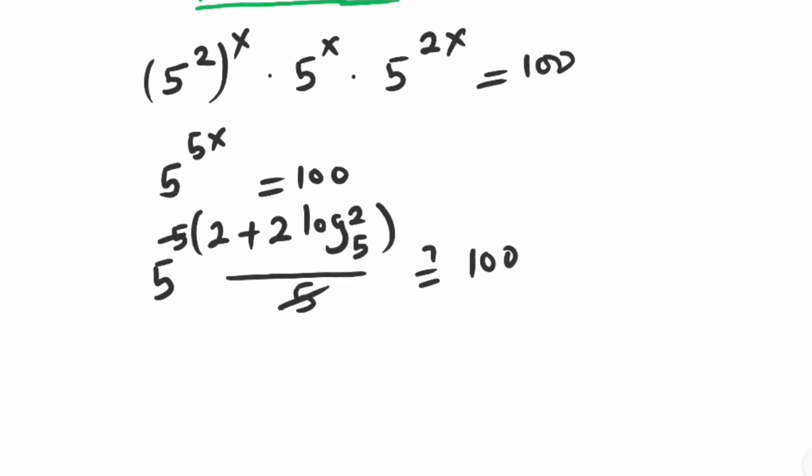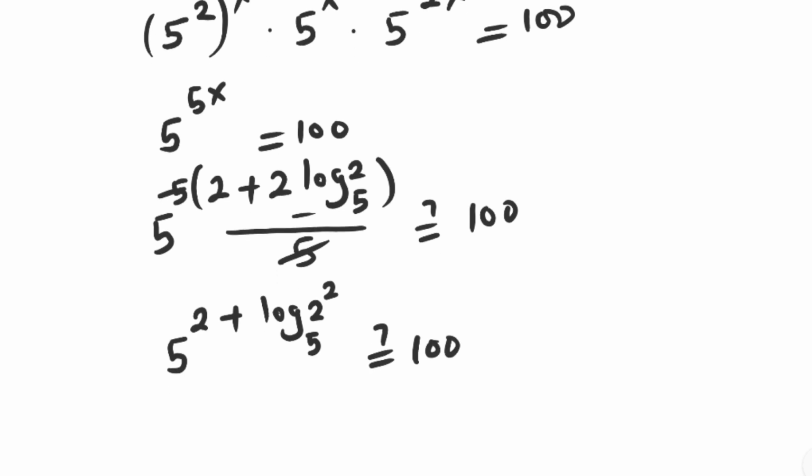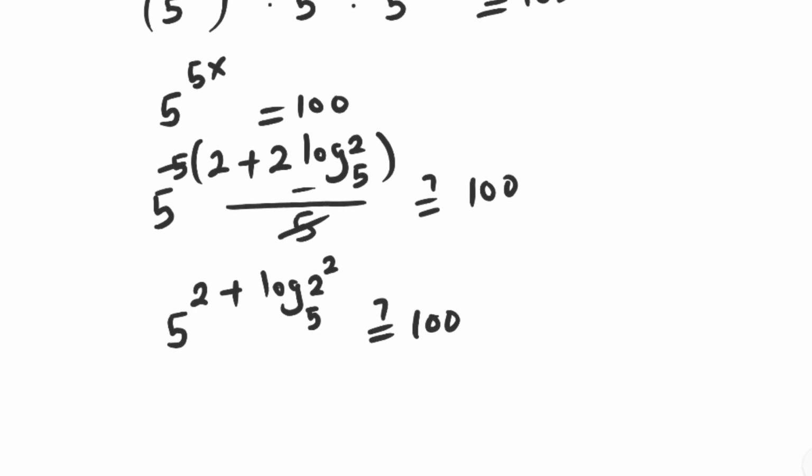This cancels this. We have 5 raised to power 2 plus, this can be written as, log 2 squared base 5 must be equal to 100. Then this can be written as 5 squared multiplied by 5 raised to power log 4 base 5 must be equal to 100.